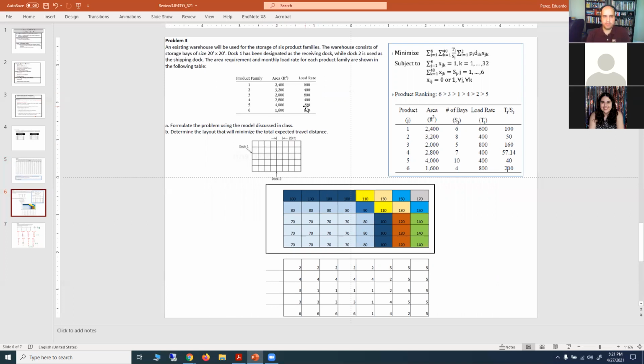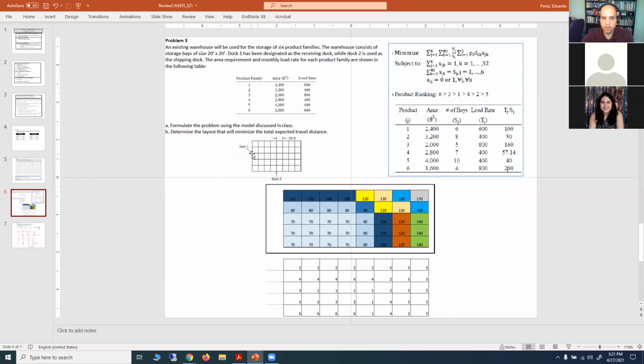So the first thing that we have to do is start with looking at the warehouse, the space that you have available. The first thing you want to do there is to find the distance from the door to each one of the cell centroids in this space. Each square is 20 by 20.